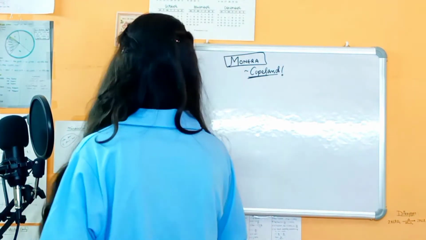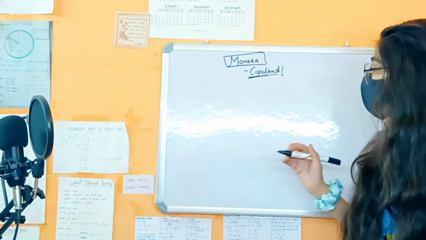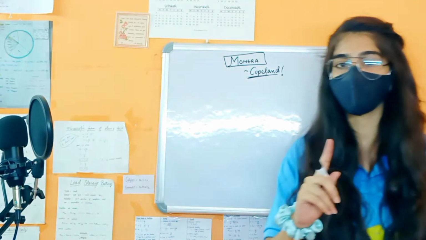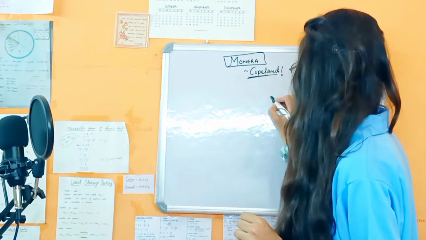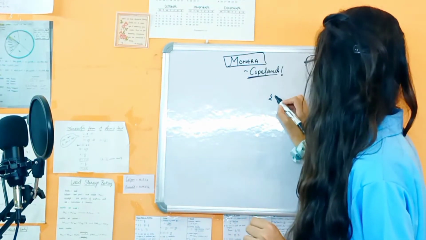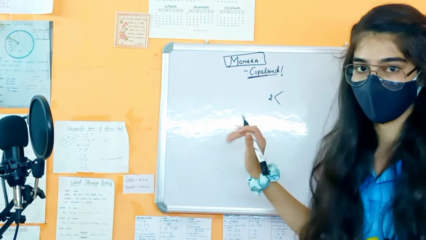In the previous lecture we studied how the classification system evolved. The first classification system was proposed by Linnaeus. It was a two kingdom classification, in which he included plants and animals, only two things.